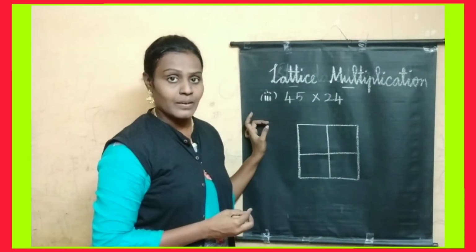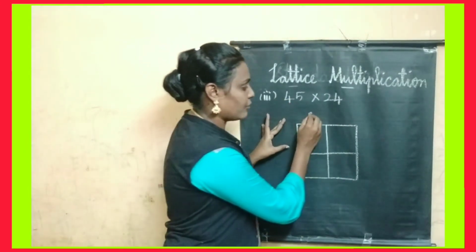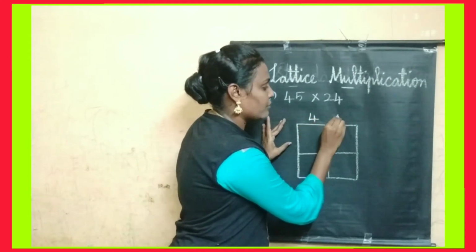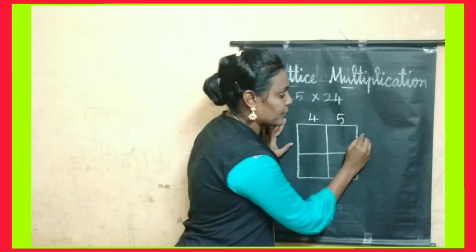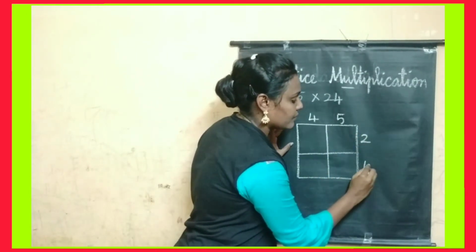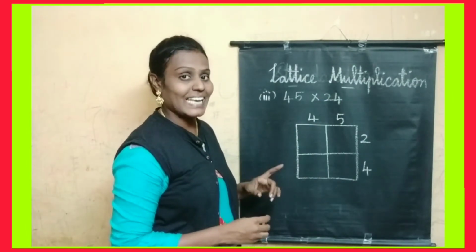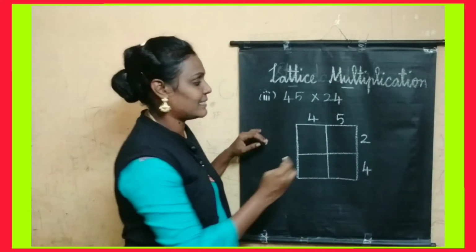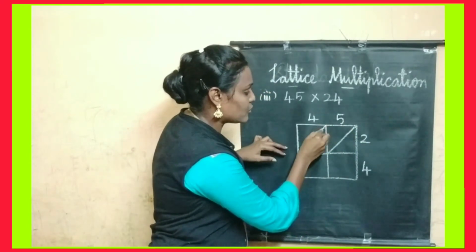Next step, we have to write the numbers. First, 45 on top and then 24 on the side. Next step, yes, we have to draw diagonals for each square.